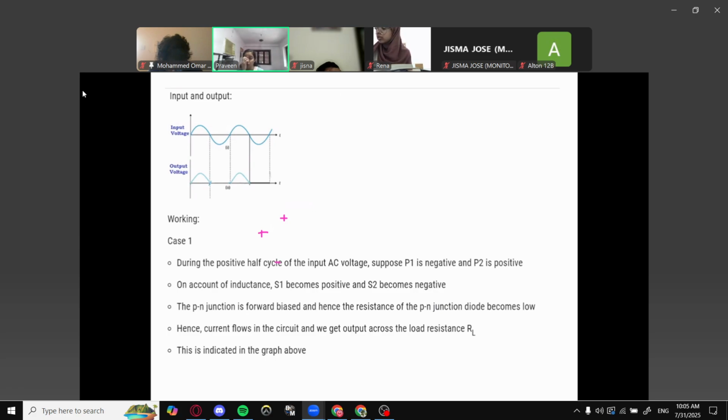I hope you plotted the graph also, because graph also you need to explain. So you are getting this positive half cycle, first positive half cycle. For that first positive cycle in the AC, you are getting output over there. So first half cycle been rectified.